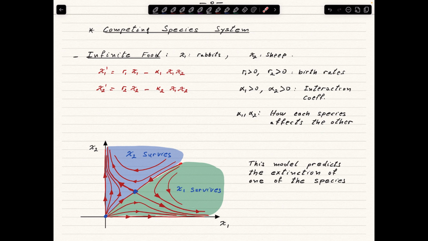And if we have population along this line, then they are going to coexist, but this has no physical meaning because this is the same situation as when you have, for example, a very thin stick that is standing, a pencil that has a sharp end, and the pencil is standing vertically.